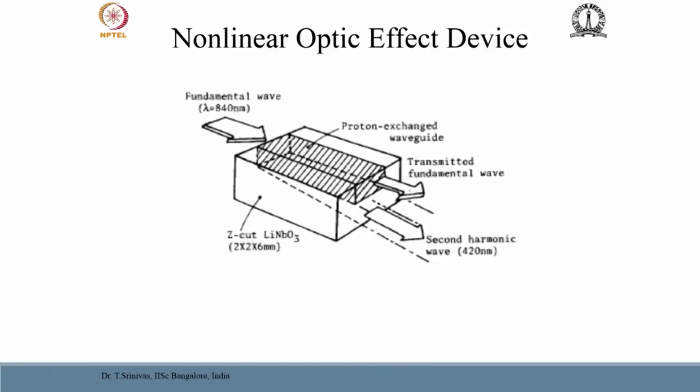So, just a brief mention about the nonlinear effects, which we can go into detail later on. Nonlinear effects effectively imply the properties of the medium are dependent on the light that is propagating inside these crystals. Delta n is a function of the electric field of the light wave.